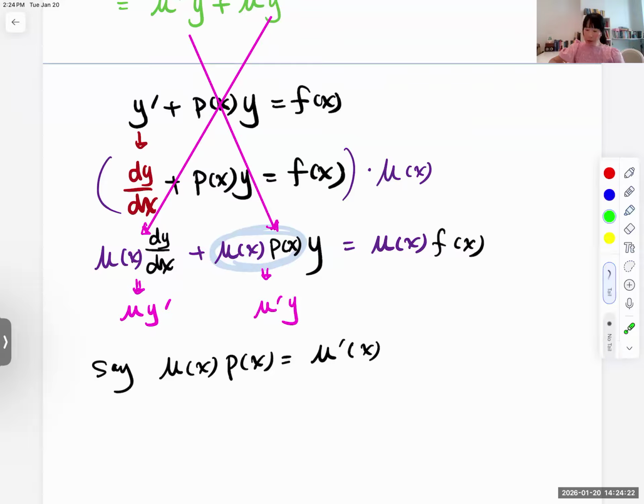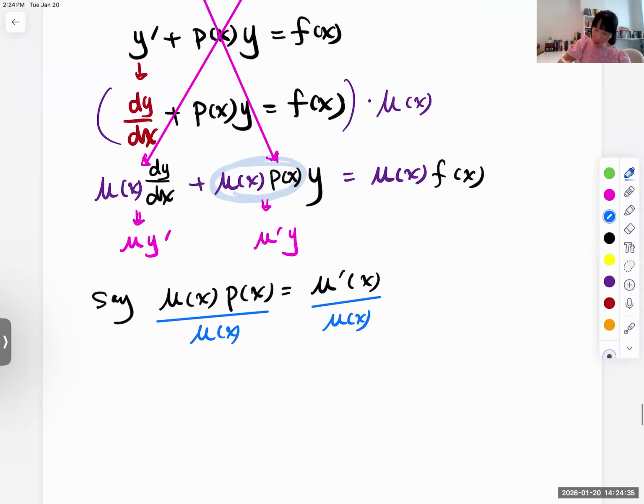All right. Now I want to isolate the p of x. So we divide by mu of x on both sides. So there will be p of x equal to mu prime of x over mu of x.